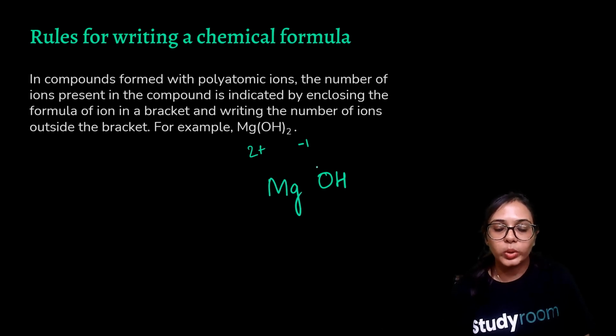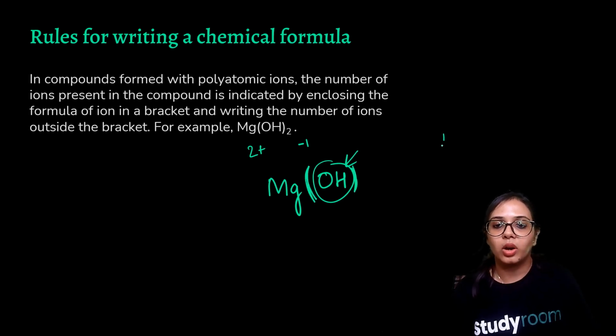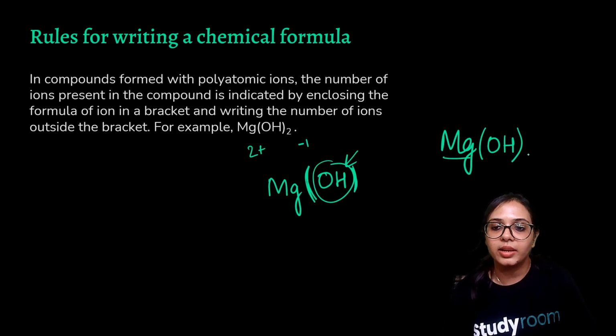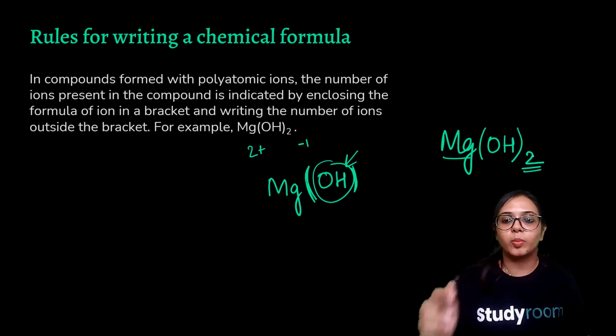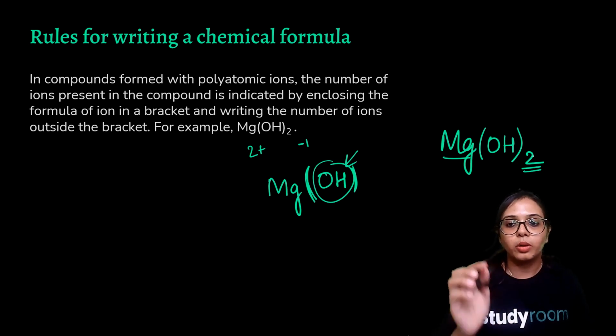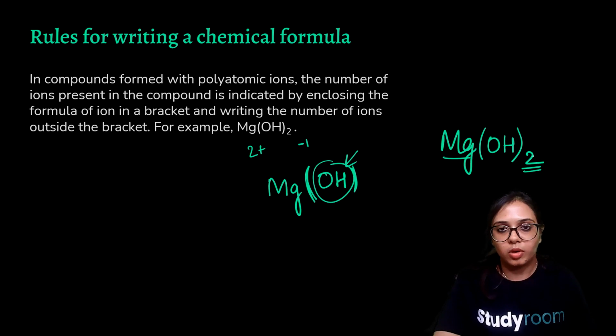So we have to write 2 for this hydroxide, and since it is a polyatomic ion, we enclose it in a bracket. We write magnesium as Mg, enclose the OH in a bracket, and write 2, determining the constant proportion that comes together to form a compound with the given atom of magnesium.